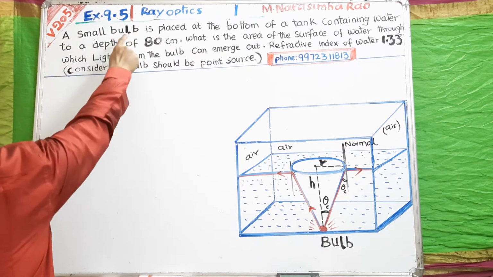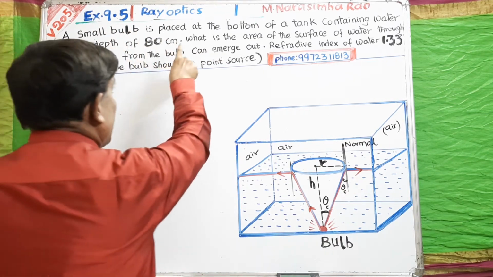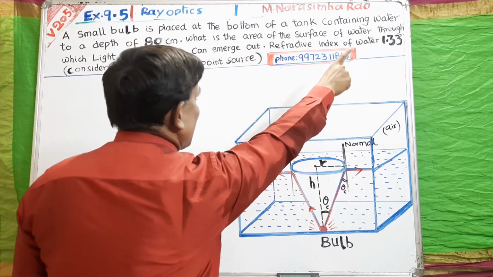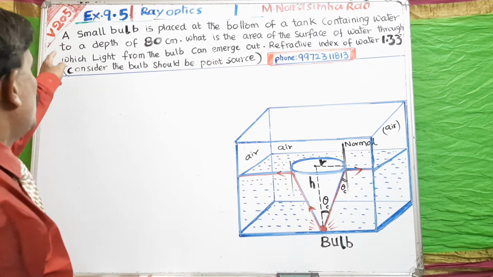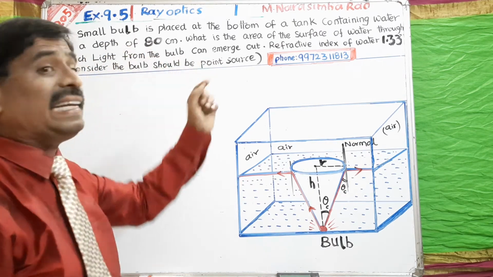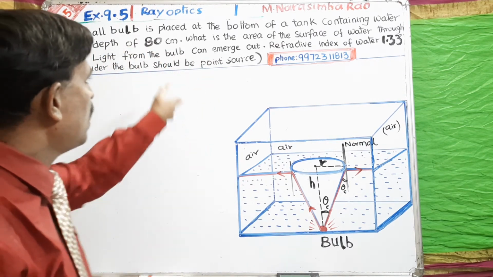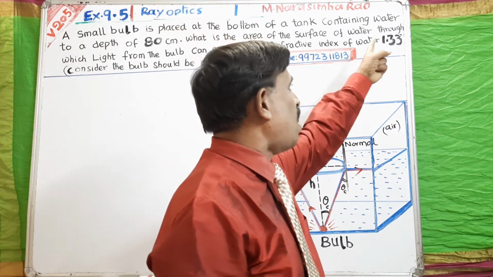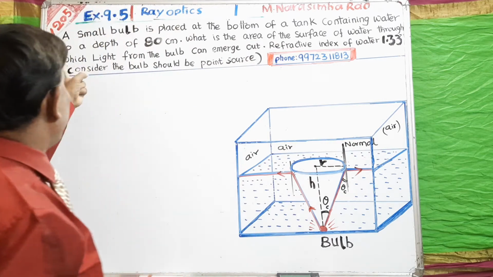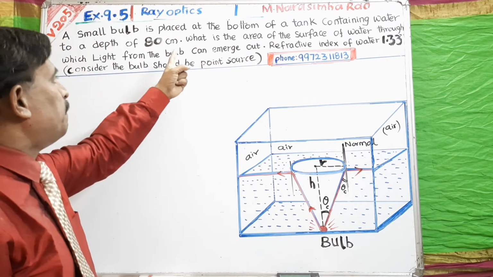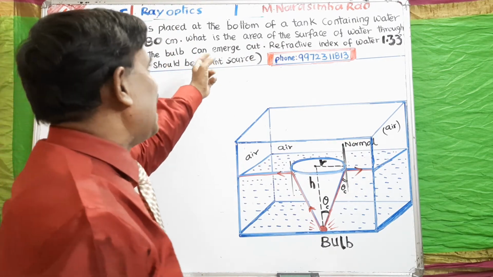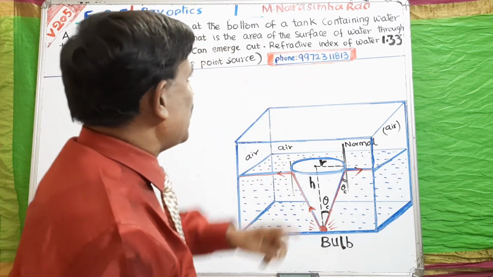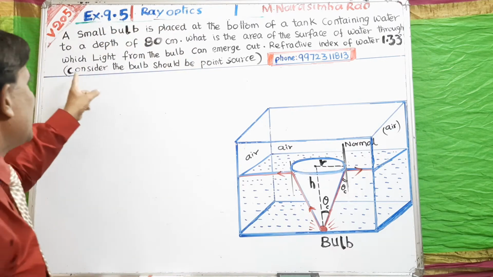A small bulb is placed at the bottom of a tank containing water to a depth of 80 centimeter. What is the area of the surface of water through which light from the bulb can emerge out? Refractive index of water is 1.33.